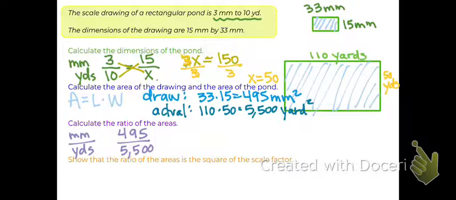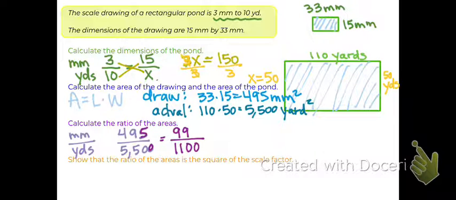After you have your ratio set up, you want to simplify it if possible. Like in this case, I notice the ending numbers here, 5 and 0. That means I can divide both the numerator and the denominator by 5. And when I do, I'm left with 99 over 1,100.